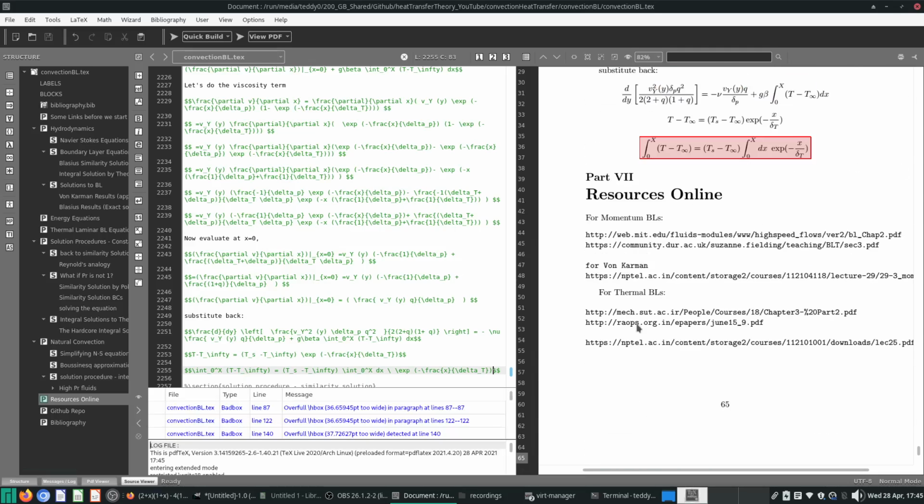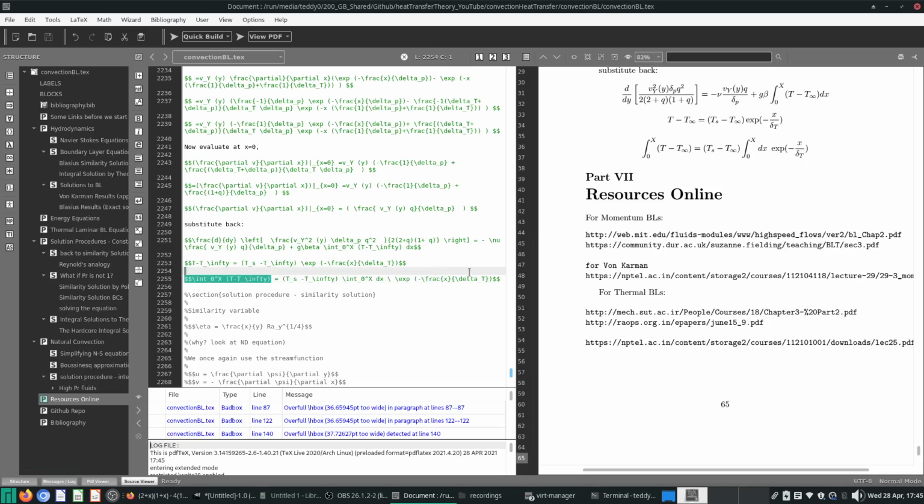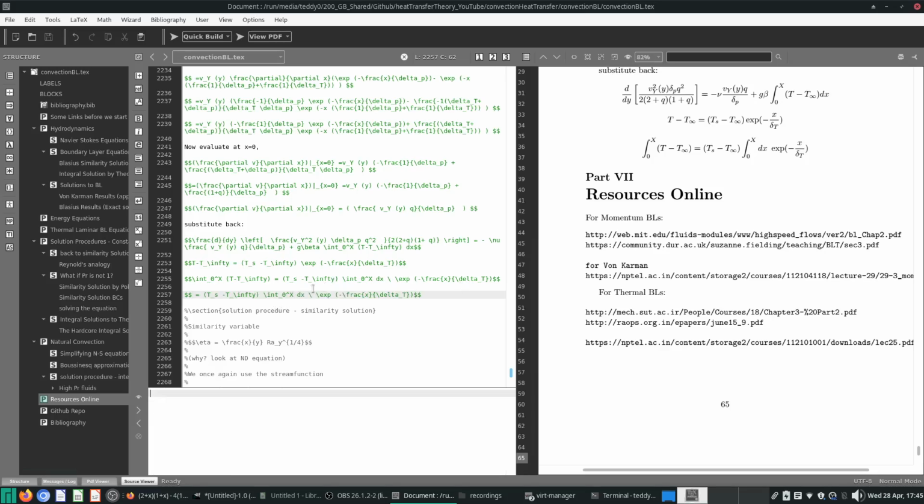That's the good part about using LaTeX. Copy and paste. Okay, now we have that. Let's just do some integration, and we will just see delta T pop out. In fact, minus delta T will pop out.